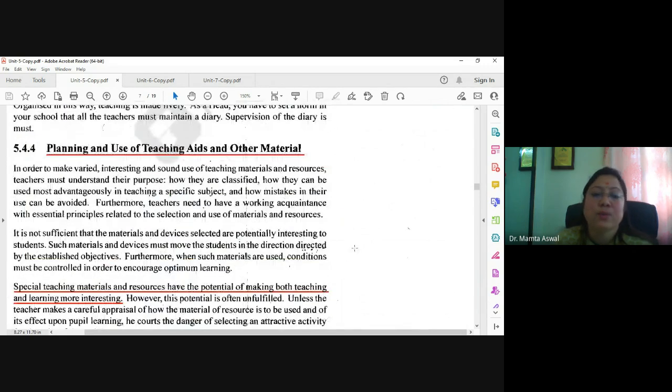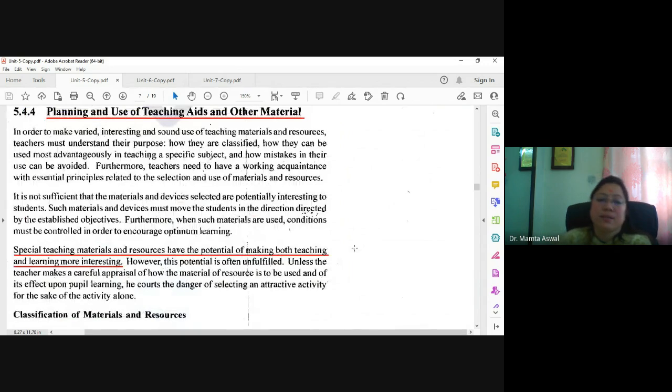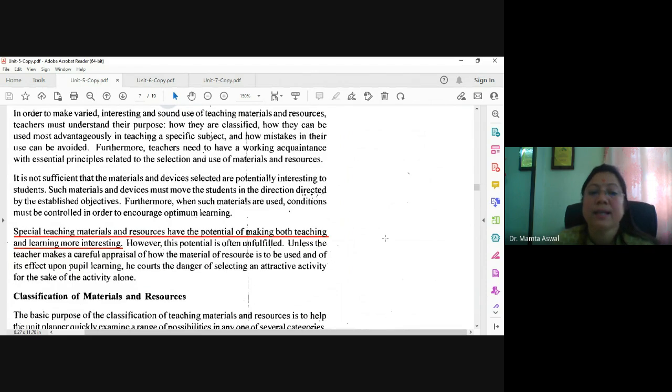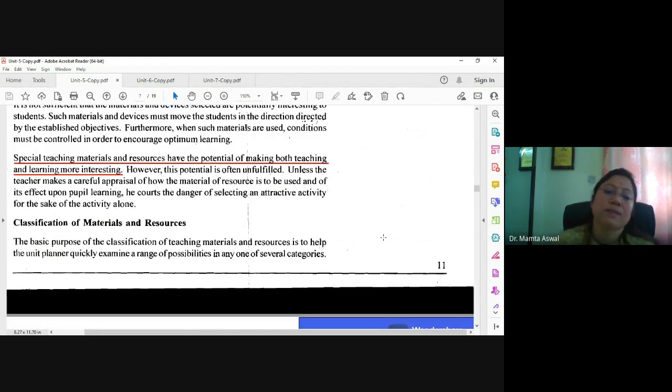Then planning and using of teaching aids and other material. You have discussed teaching aids in an earlier blog. So you must know when and how to use the teaching aid. Teaching aids must be used appropriately at appropriate timing, and that will make teaching learning more interesting and more effective.